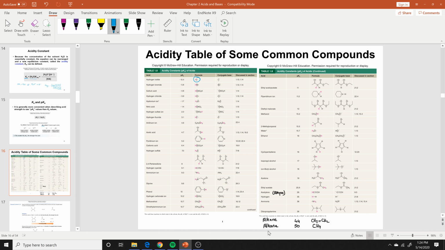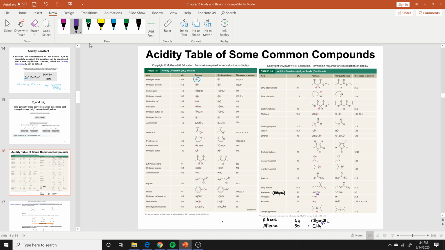an electronegative element. Between alkyne, alkene, and alkane, the difference here is how the carbon is connected to the hydrogen, or the type of hybridization that the carbon is connected to the hydrogen. So here you have an sp hybridized carbon connected to the hydrogen. Here you have an sp2 hybridized carbon connected to a hydrogen.